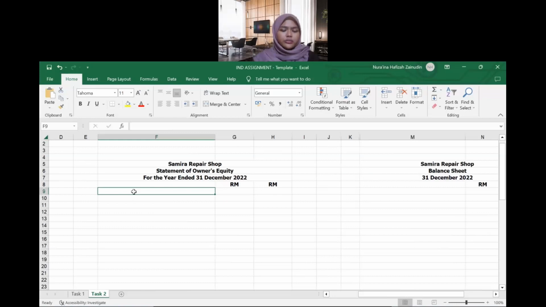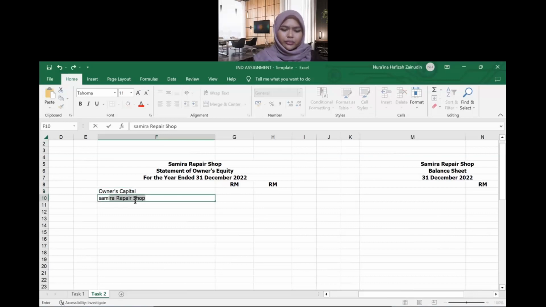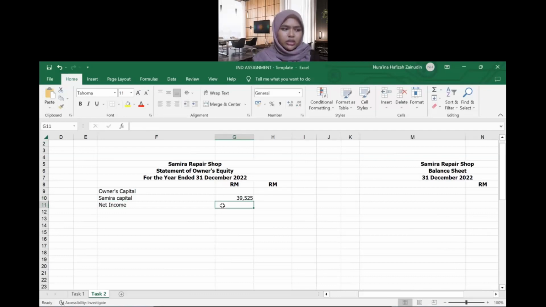For the statement of owner's equity, we have owner's capital and Samira withdrawal. For owner's capital, we have Samira capital and net income. Samira capital is 39,525 ringgit Malaysia, and net income is 68,375 ringgit Malaysia.